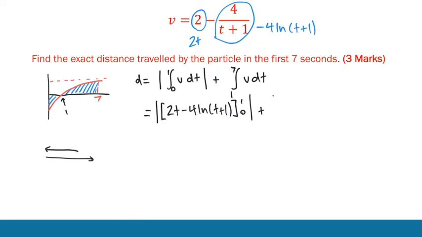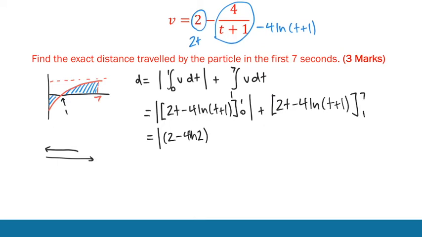And the next one will be the same. It just won't have the absolute values in it. But what's inside the brackets will be the same with different limits. And let's go ahead and substitute. So in this first one, we have the absolute value. Substituting 1, you get 2 minus 4 log 2.